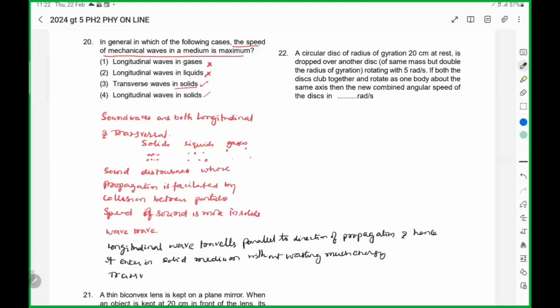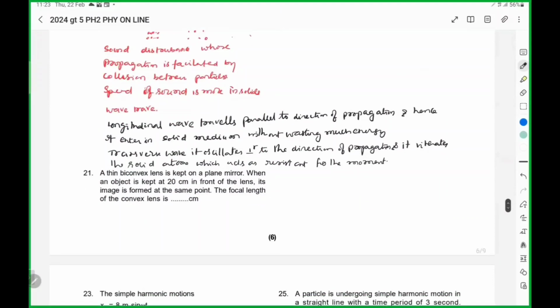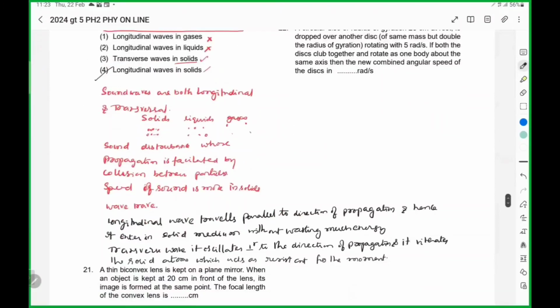Whereas a transverse wave oscillates perpendicular to the direction of propagation and it vibrates the solid atoms, which act as resistance for the movement. So the transverse wave moves with lesser speed, the longitudinal wave will move with more speed. Fourth option is correct.